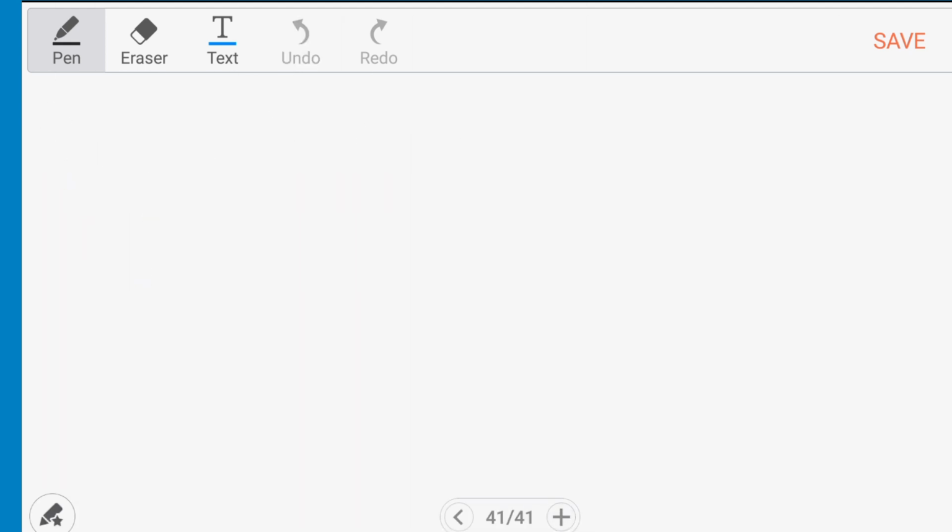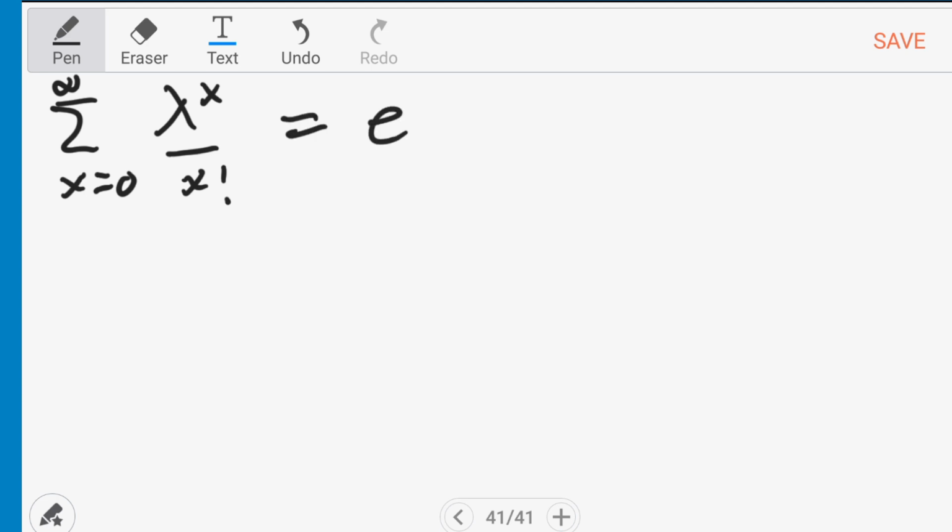Now let's revisit the Maclaurin series. It stated that if you sum from 0 to infinity lambda to the power x over x factorial, you should get e to the power lambda.